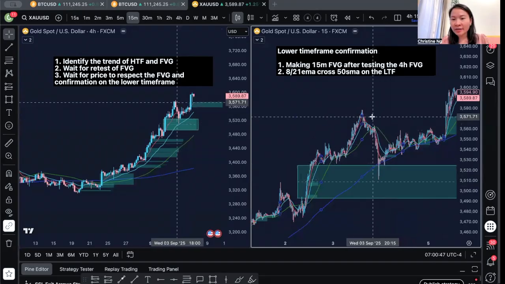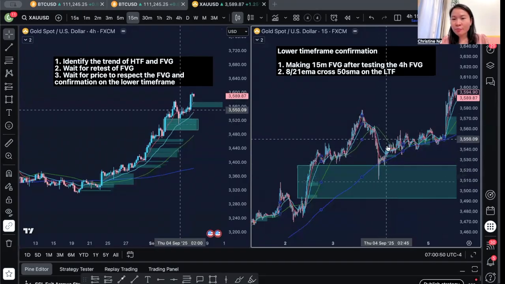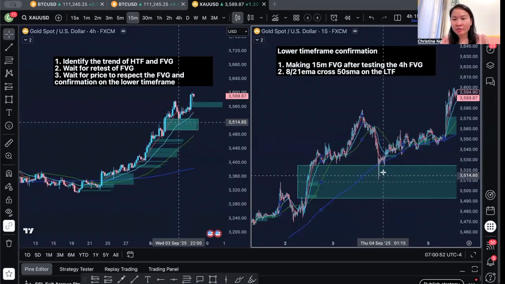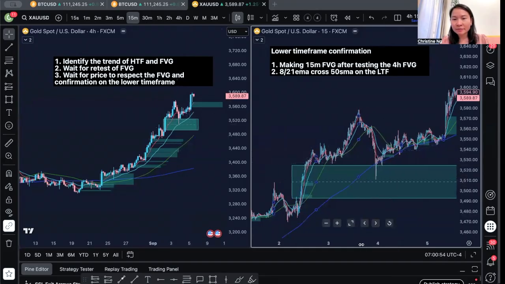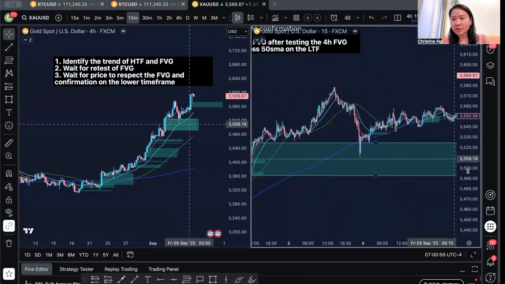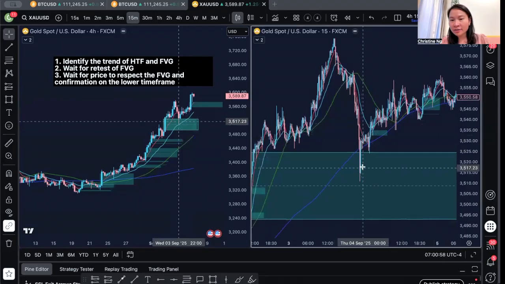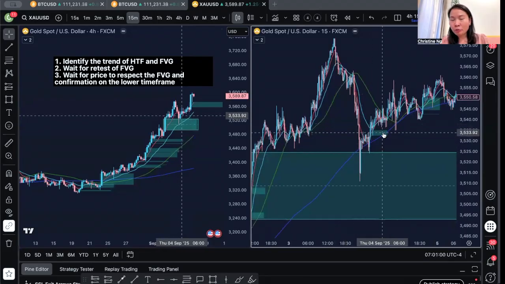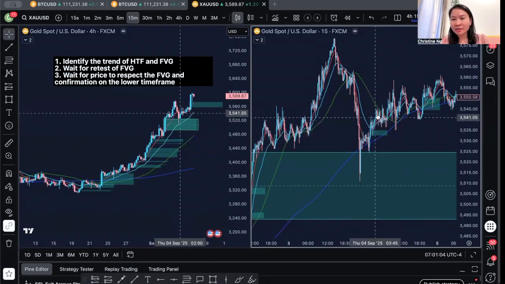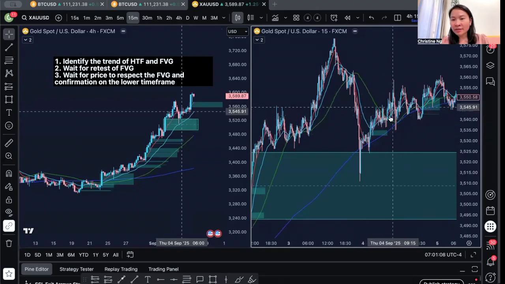So over here, I can see that there was a big bounce when price came to test this fair value gap. And then what happened next? If you look into the detail here, you can see that price started making bullish fair value gaps on the 15 minutes and retest and respect it. And then it consolidates. And what happened is the 8 and 21 EMA of the 15 minutes starts to cross over the 50.